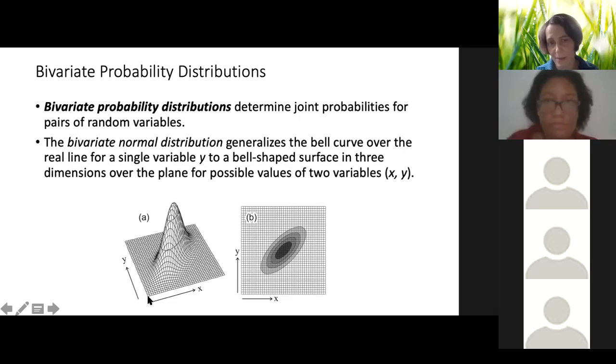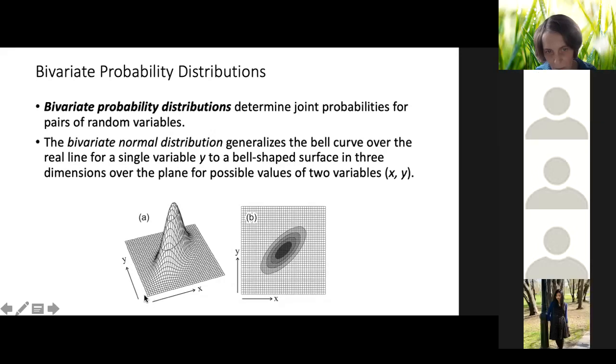If x would be height and y would be weight, then the first row, of course, y is the weight. So let's say that is 1 pound, and this is the weight in pounds and this is the height in inches. Doesn't make too much sense, but it doesn't have to be humans. So then this would be for your weight of 1 pound.